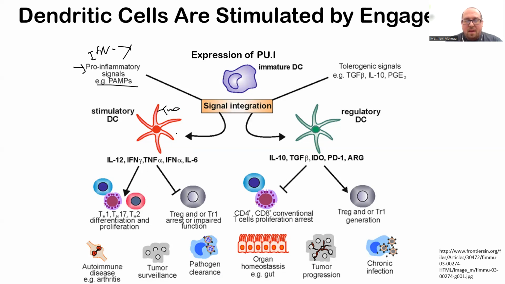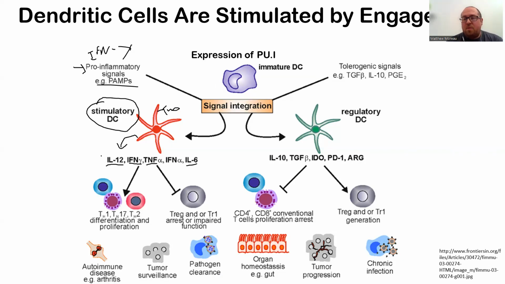This then, if it's going to have a stimulatory effect on this dendritic cell, dendritic cells will secrete a small contingent of cytokines, including IL-12, interferon gamma, TNF alpha, and IL-6. And they do so for a lot of reasons.